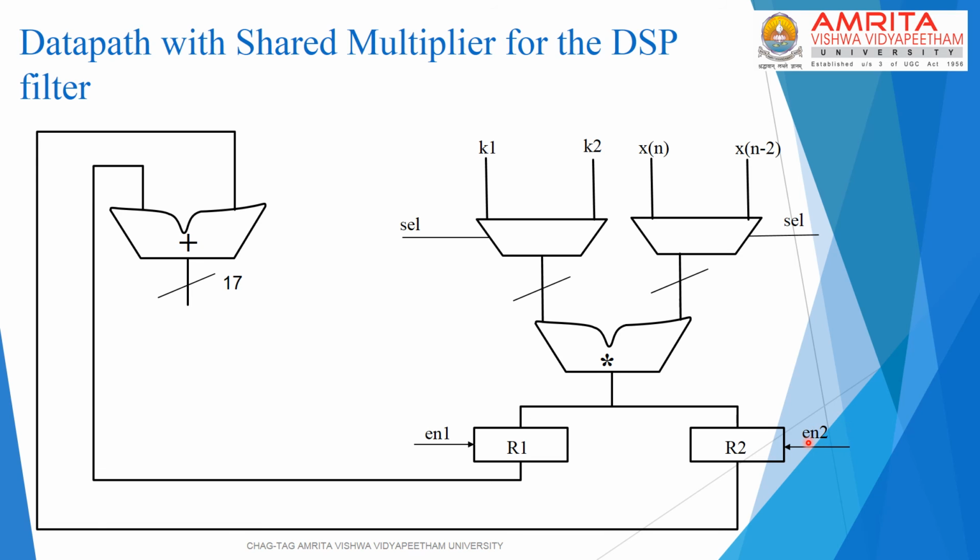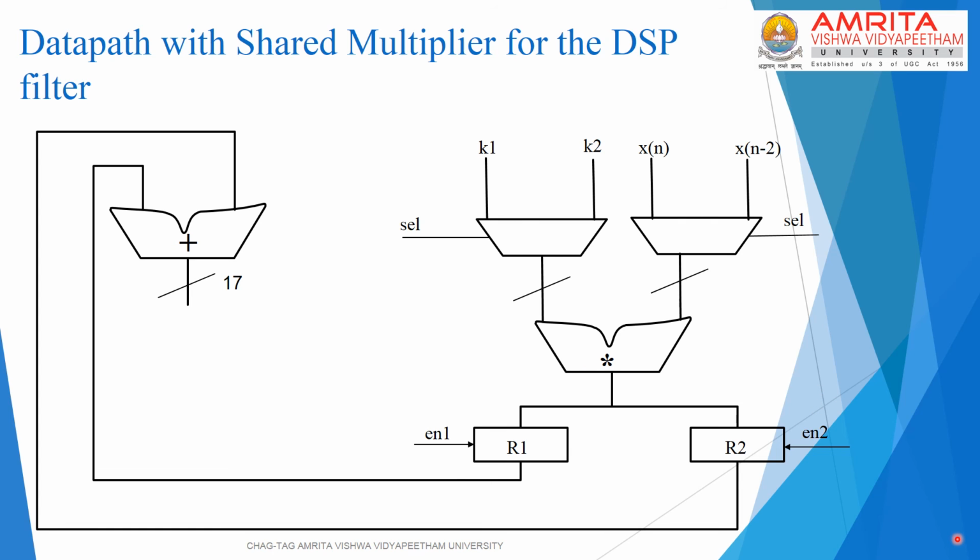So just as in the case of the serial multiplier, the moment the data path elements are in place, we get a fairly complete picture regarding the signals that need to be generated from the control path. In this instance, the select signal cell and the two enable signals EN1 and EN2 have to be generated from the control path.